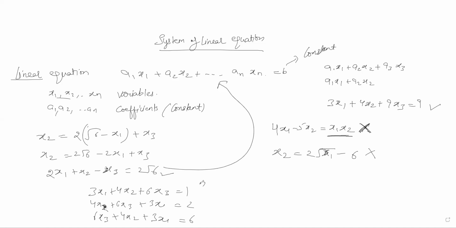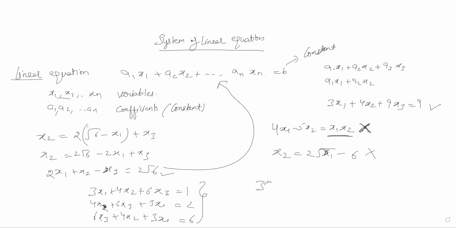So when I am talking about this whole set, all these three equations, then we will say this is a system of linear equations, right? It is a collection of one or more linear equations involving the same variables. It must have same variables. Only then it will be a set of linear equations.